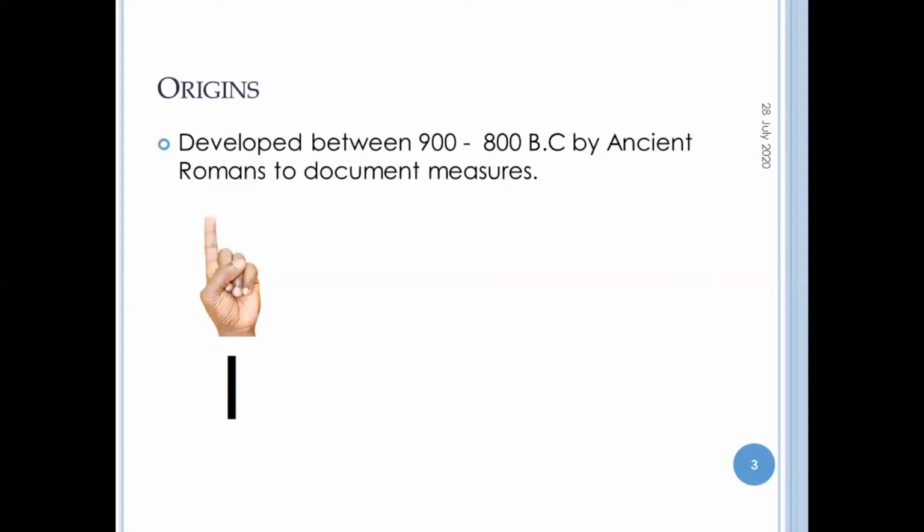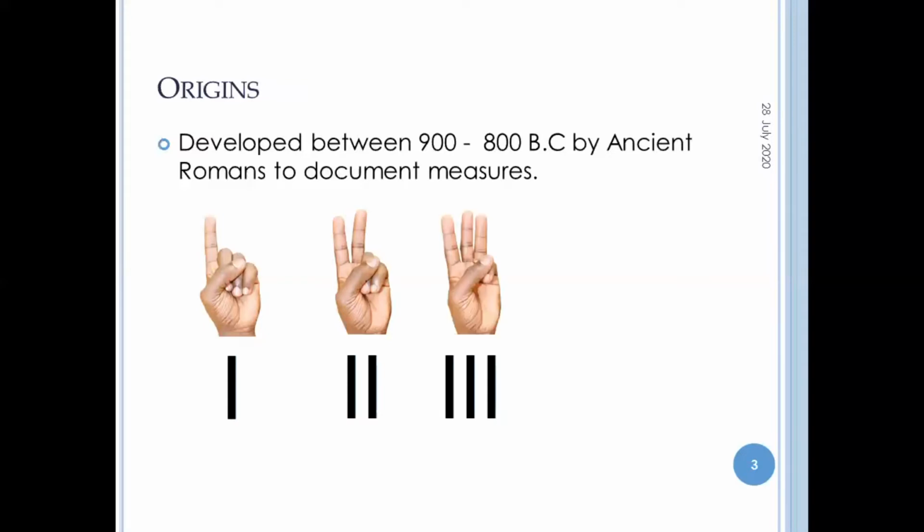The same implies for 2 sticks, 3 sticks. And when we stretch out our palm, we form a V shape, giving us the 5 fingers with a V between the thumb and the pointing finger for 5.